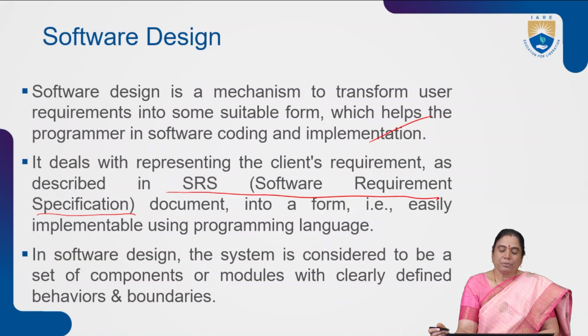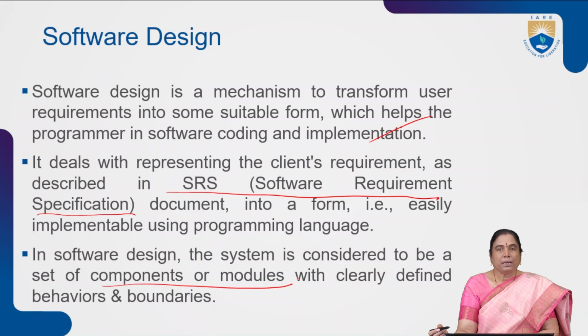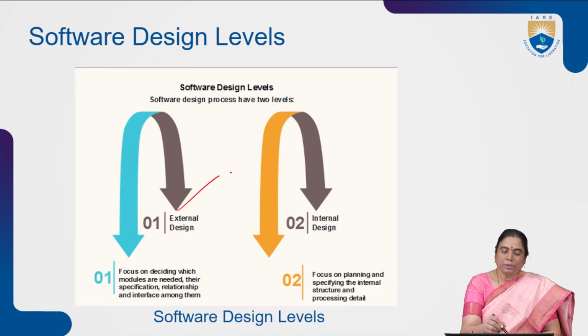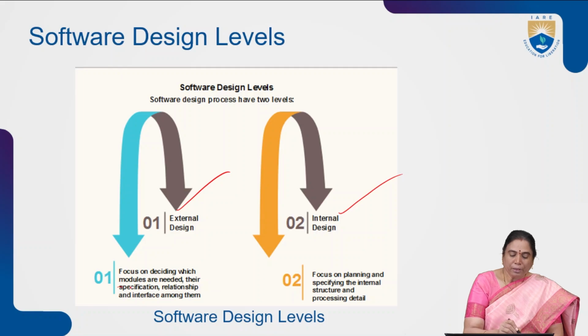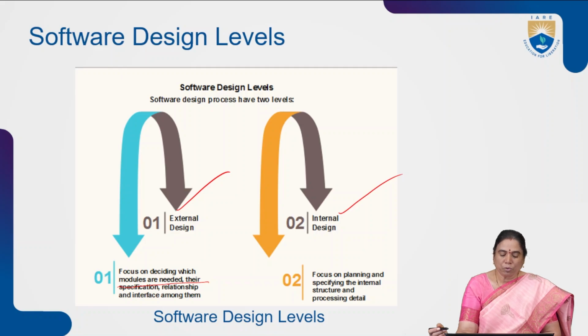In software design, the system is considered to be a set of components or modules with clearly defined behavior and boundaries. Generally, there are two levels of software design. One is external design, the second one is internal design. The external design focuses on the user aspects, the interactions with the outside boundaries or the stakeholders.